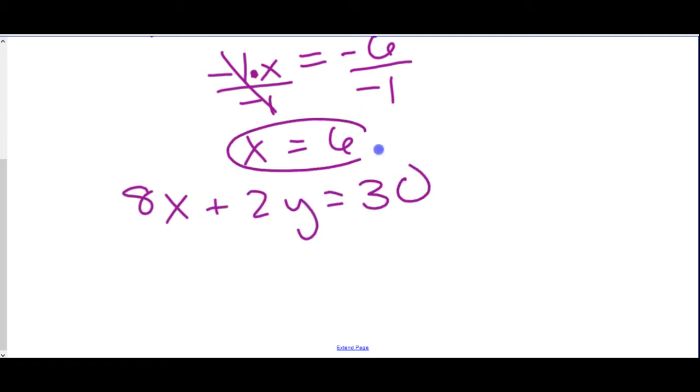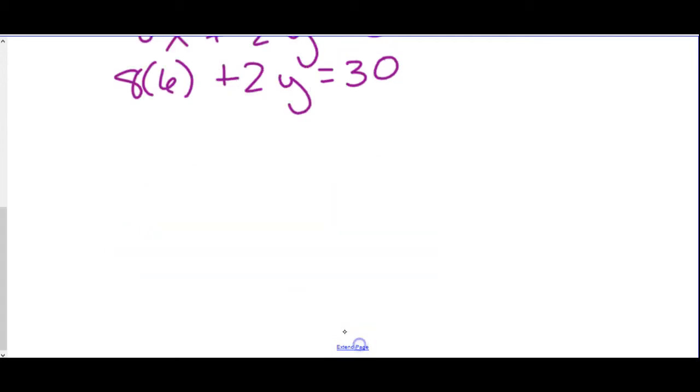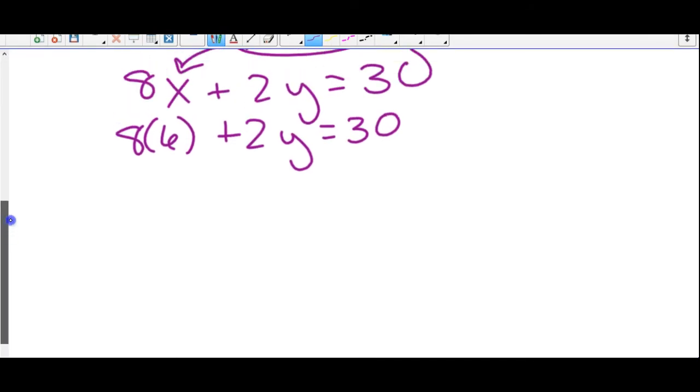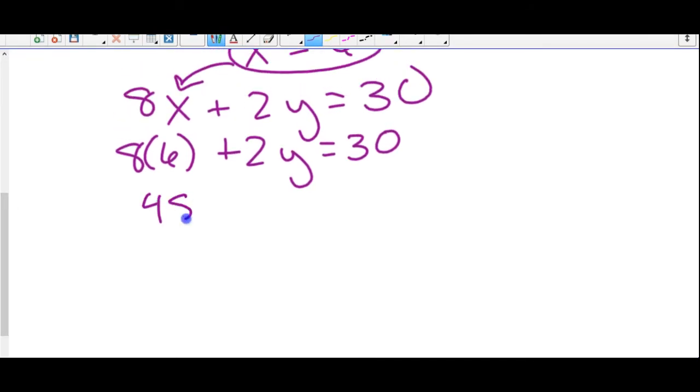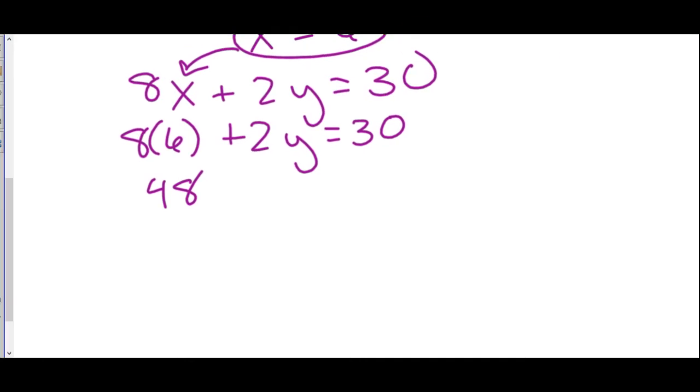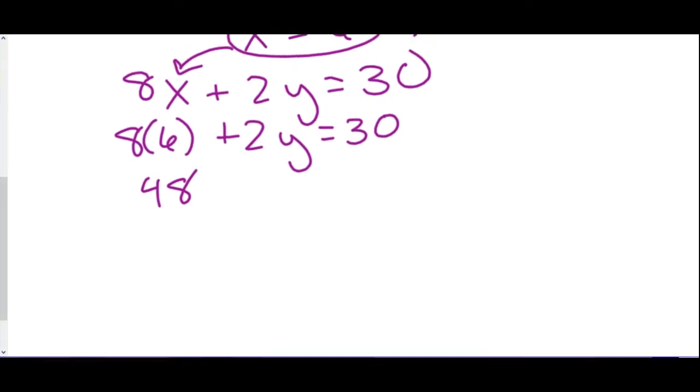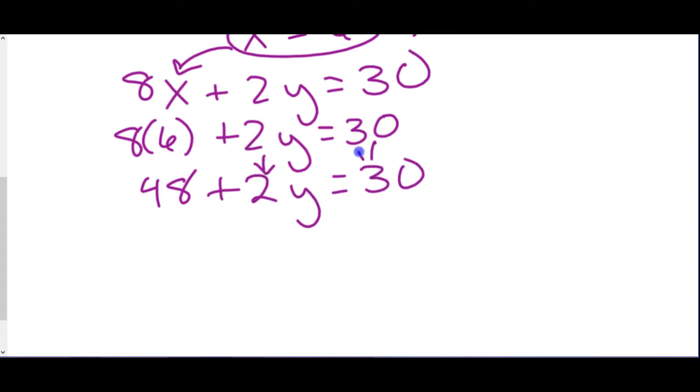Since we know what x equals this time, we have to replace x. So we'd have 8 times 6 plus 2y equals 30. 8 times 6 is 48. Sorry, I didn't mean to drag the viewing screen around. We just bring everything else down. Right now, all we did was multiply those together.